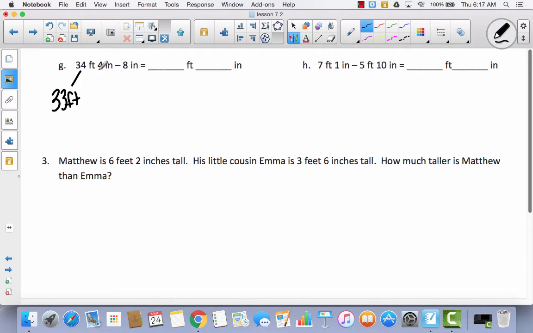I'm going to take those 12 inches and add it to the 4 inches, and that gives me 16 inches. So let's look at what happened. I took 1 foot away and decomposed it into 12 inches and added it to this 4, and that gave me 16. Now I can subtract 8 inches. Nothing happens to the feet. It stays 33. And 16 minus 8 equals 8.